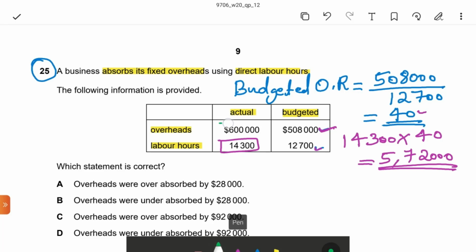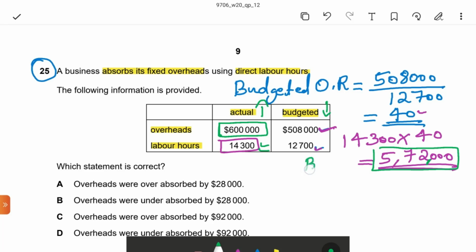But what is the actual overhead? The actual overhead is given as 600,000. But the budgeted overhead for 14,300 labor hours is 572,000. So is that increased or decreased? The budgeted is less, the actual is more.